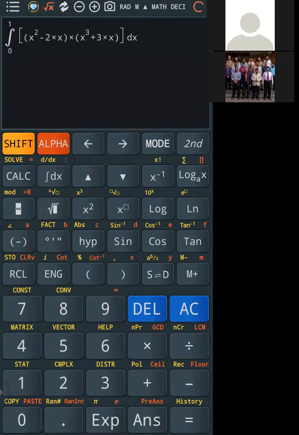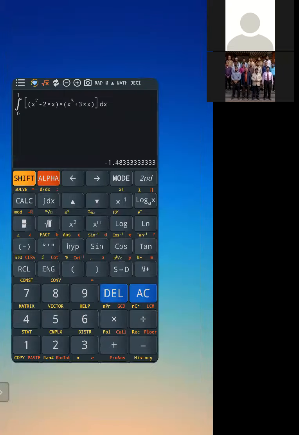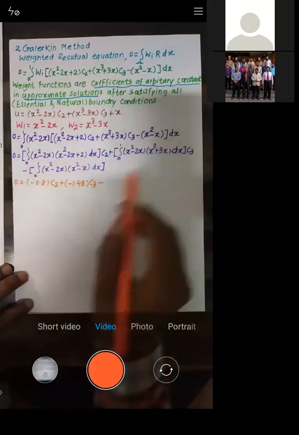Let's solve that. We get minus 1.48, and this is the coefficient of C3. The minus sign I have written as it is.